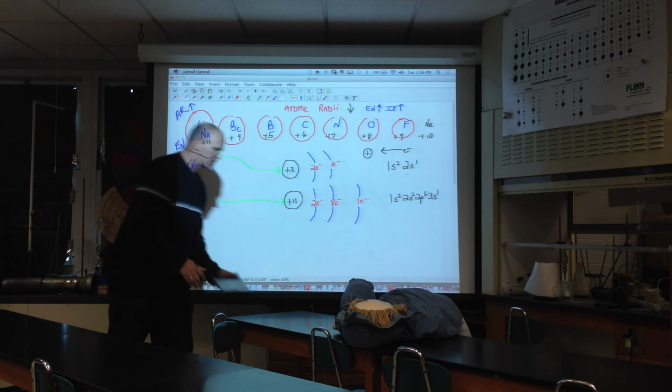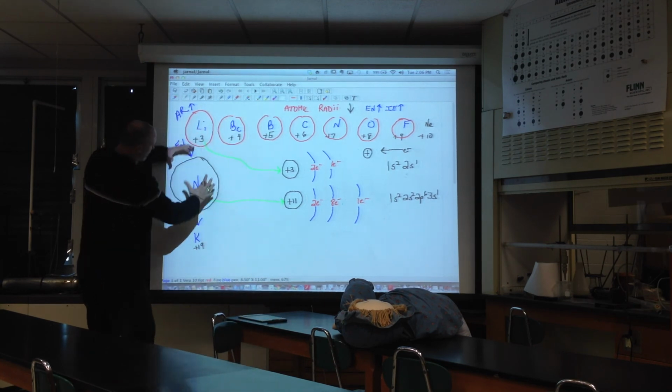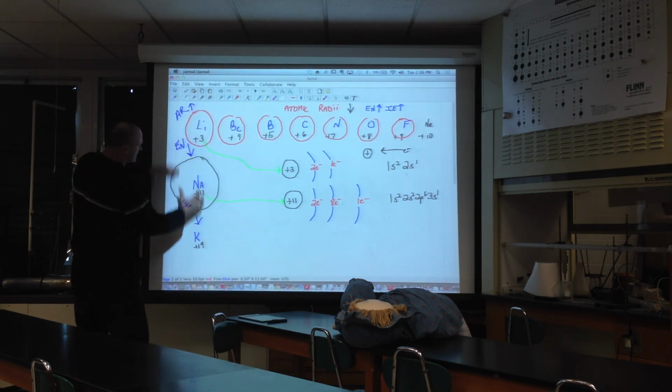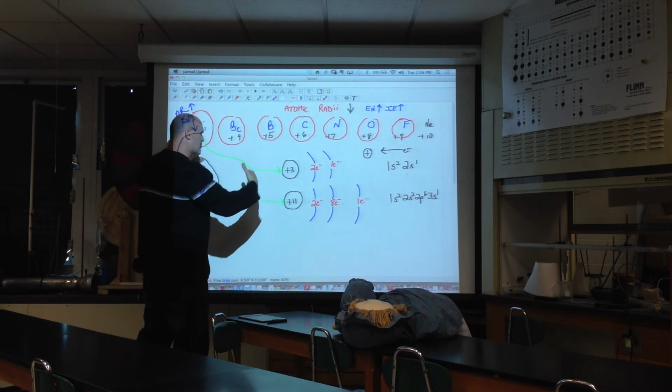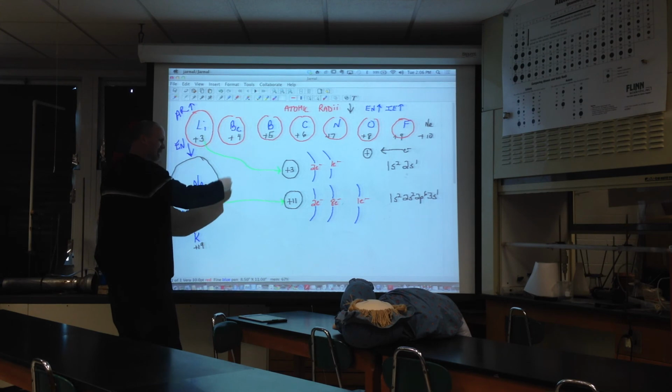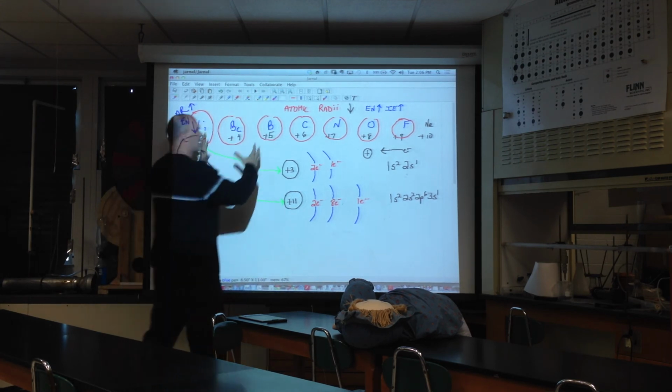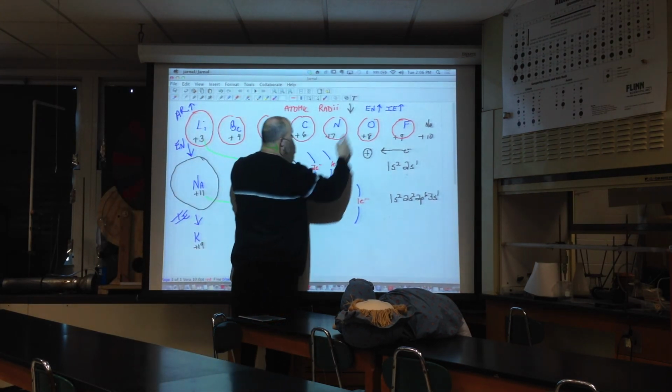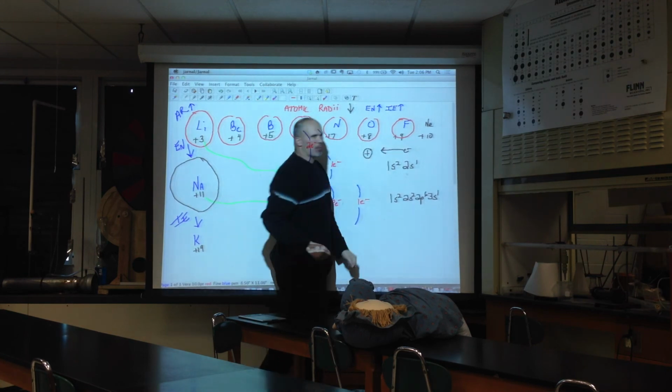Why does it decrease? As I get bigger, as I go across and down, I hold on to electrons more loosely, I tend to lose them. It means I don't have attraction, it doesn't take much energy to release them. As I get smaller, I attract them more, and it takes a lot more energy to pull them away.